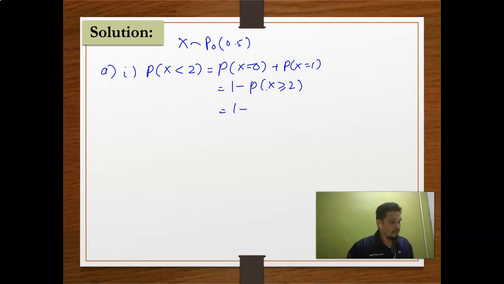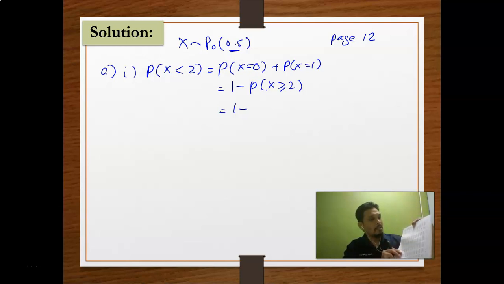Lambda is 0.5. Turn to page 12, for lambda 0.5 and r equal to 2.